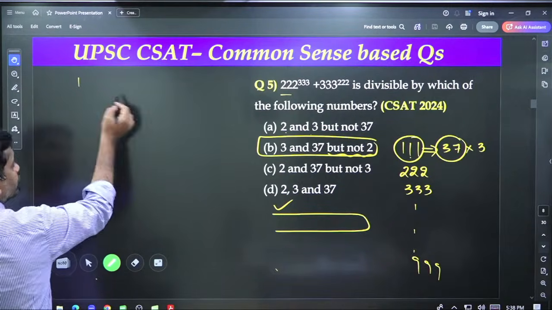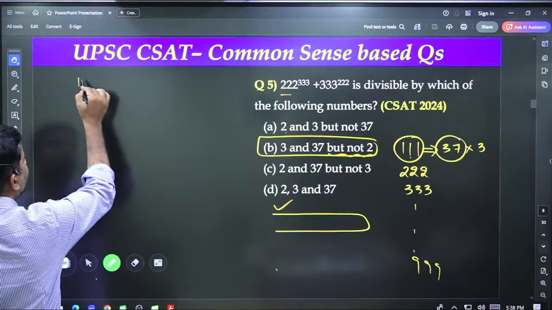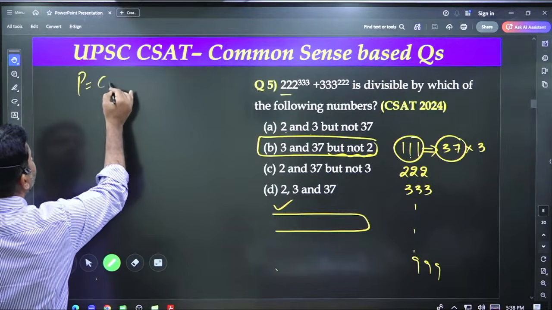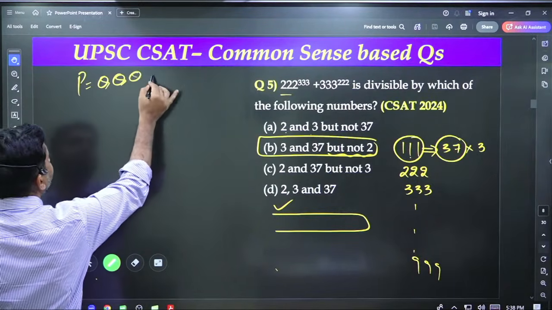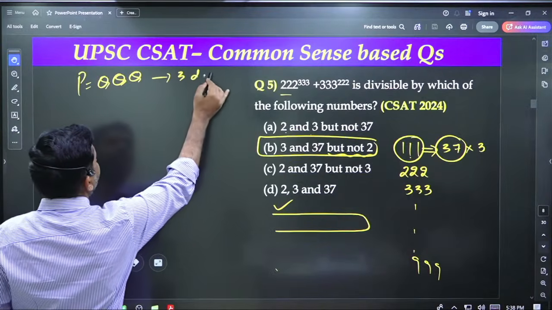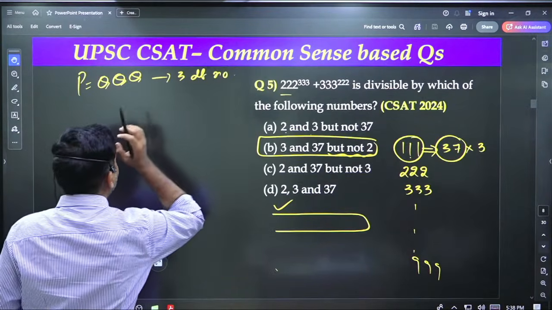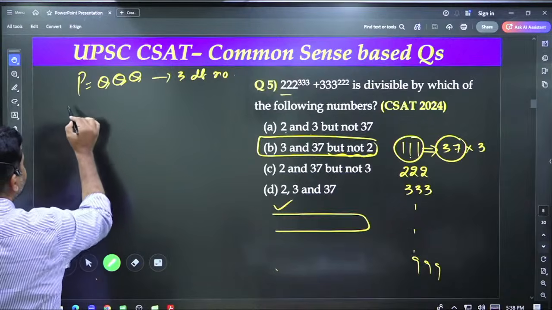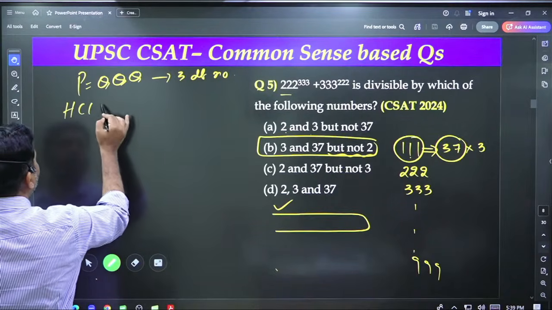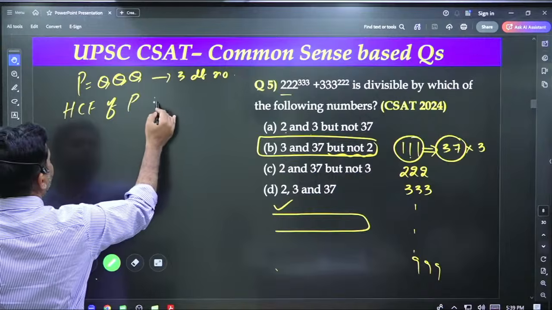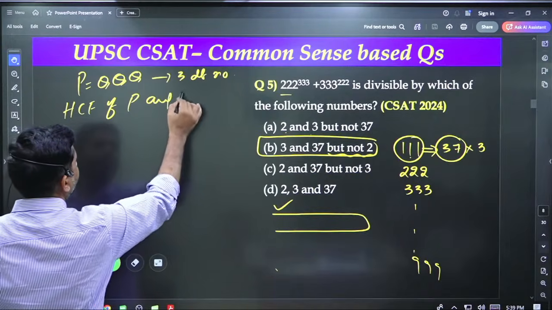Look at this. This question was in 2025 paper. P is triple Q, a 3-digit number. What is the highest common factor of P and 481?